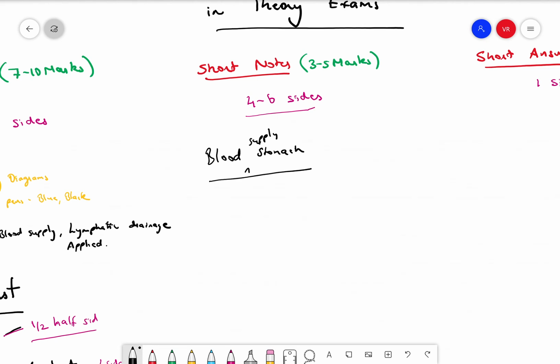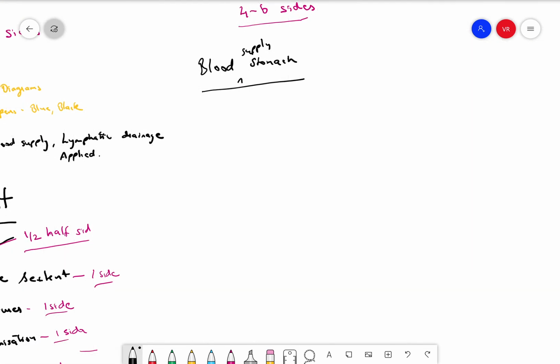So how do you go about filling 4 to 6 sides about the blood supply of stomach? First you give a little bit of introduction about the stomach, and then you just draw one diagram of a stomach. A rough diagram like this would do. You don't need to be an artist when it comes to anatomy.